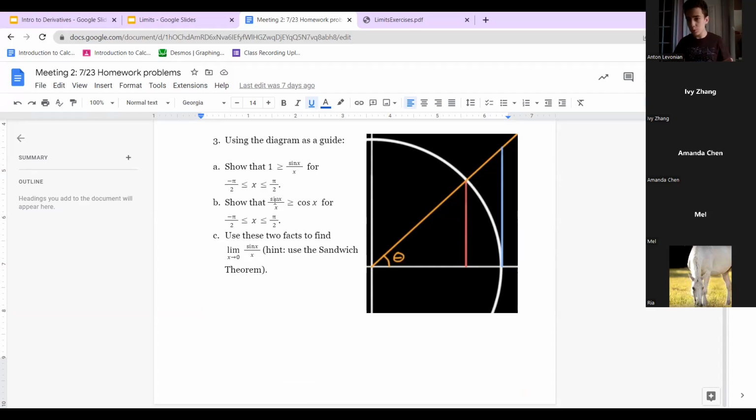So which part of the problem do you want to go over? Feel free to speak out, unmute yourself. Or is it the whole problem in general? Okay, so I assume it's the whole problem in general.